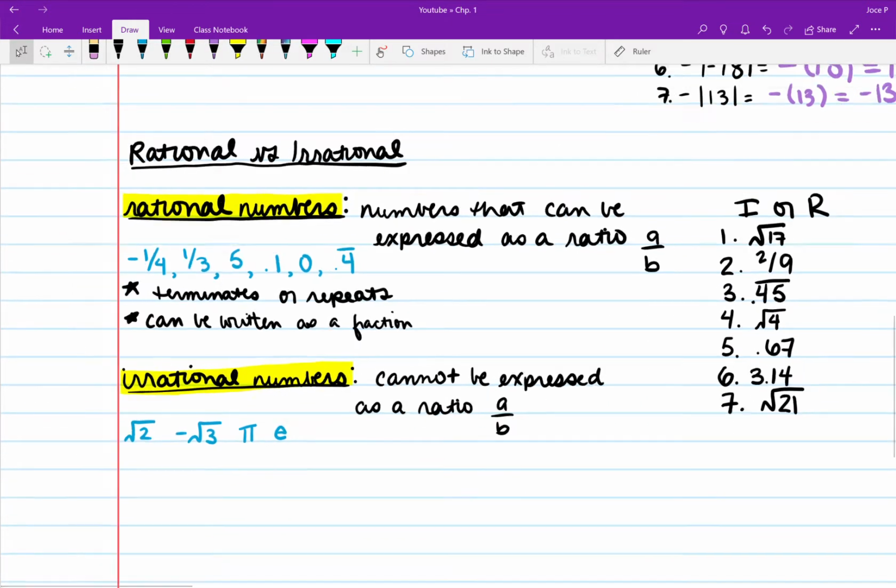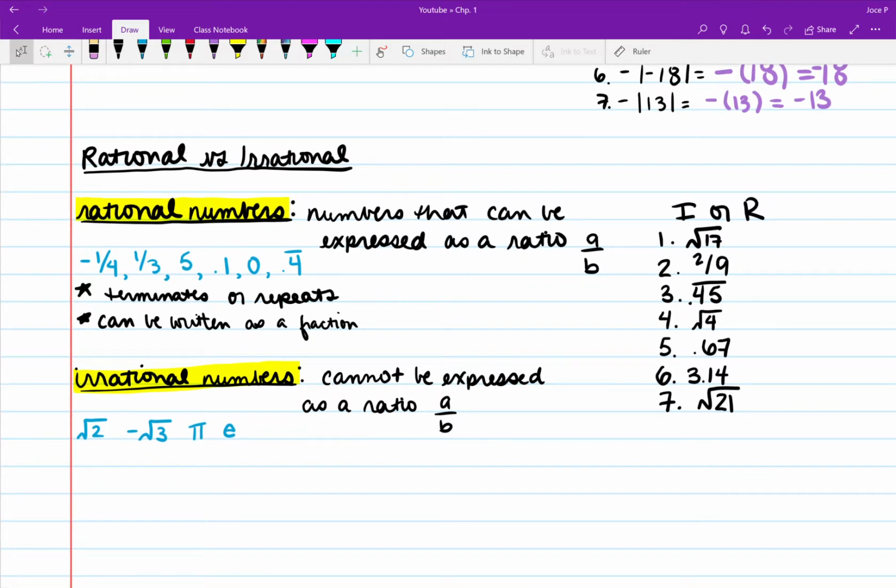Next, as I mentioned earlier, we're going to go over something called rational and irrational numbers. First of all, a rational number is a number that can be expressed as a ratio of a to b. How can we identify this without looking at it in these complicated terms? Well, one, it's going to terminate or repeat when it's written as a decimal, or two, it can be written as a fraction.